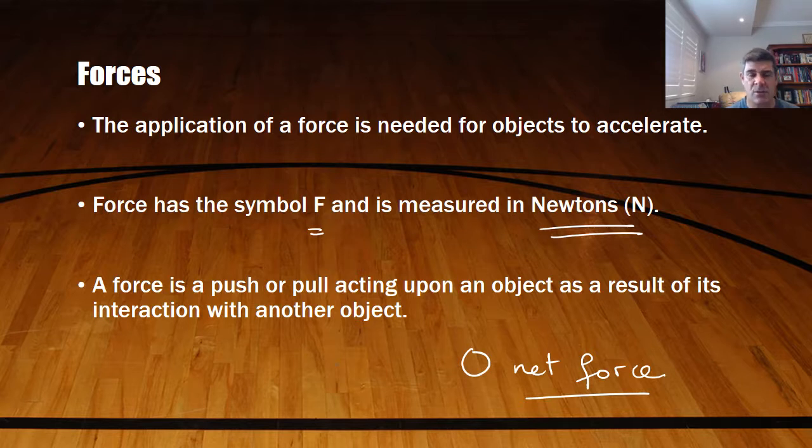A force is a push or a pull acting on any object as a result of its interaction with another object. Sometimes forces are contact forces, like friction. Other times they are field forces, like gravity. So the object can be in contact with another object to experience a force, or it can be in a sphere of influence.